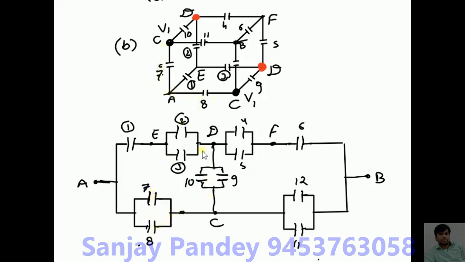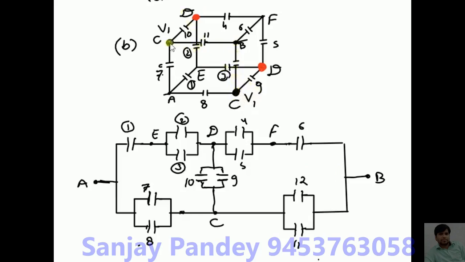Now between C and D, capacitor number 9 and capacitor number 10 are connected. Now between C and B, C is here and B is here.